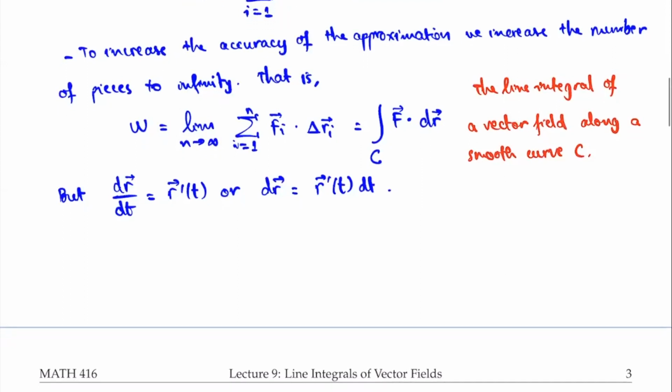So then W becomes the definite integral from a to b of F dot r prime of t dt. So in practice, we're going to use this formula to calculate the line integral of a vector field.